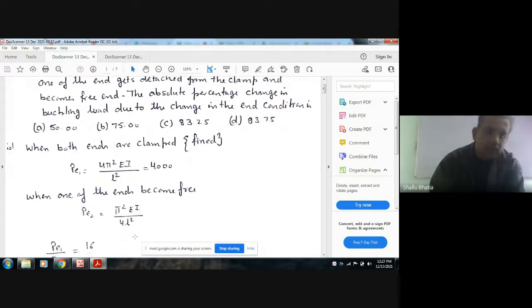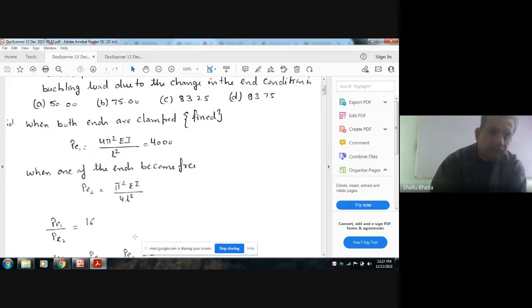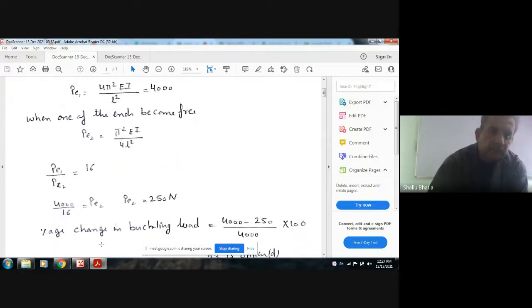So the ratio PE1 by PE2 from the formula is 16. PE1 is given as 4000, so PE2 can be found out. So that is 250 Newton.